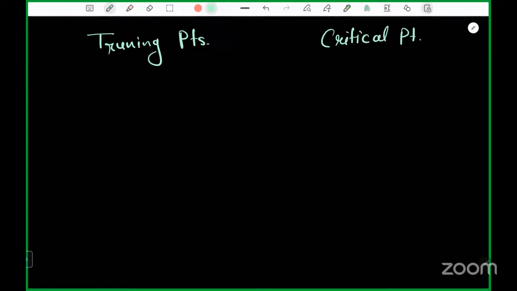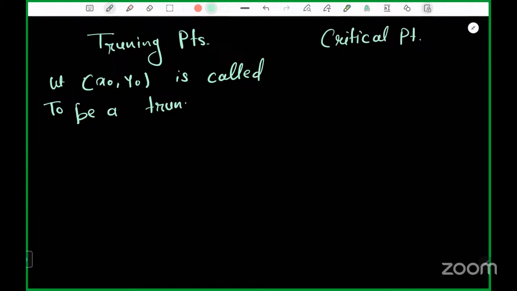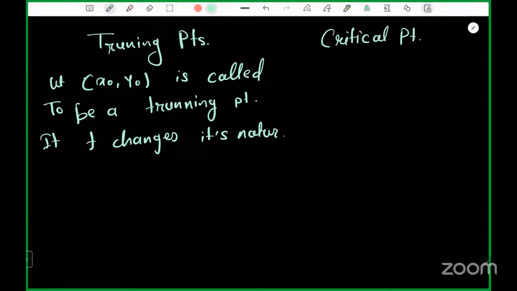What are turning points and what are critical points? We have a function, and for that particular function, we define a point to be a critical point or a turning point. A point (x0, y0) is called a turning point if the function f changes its nature at that point.